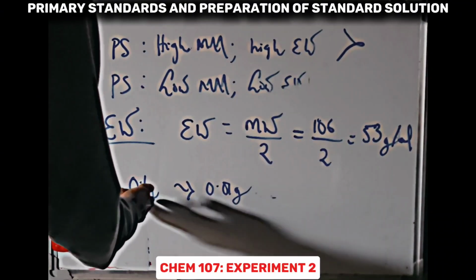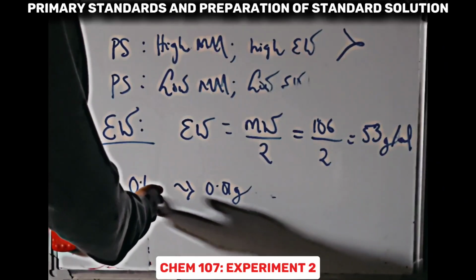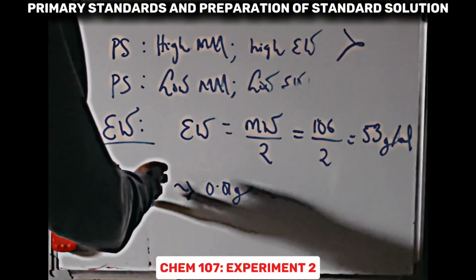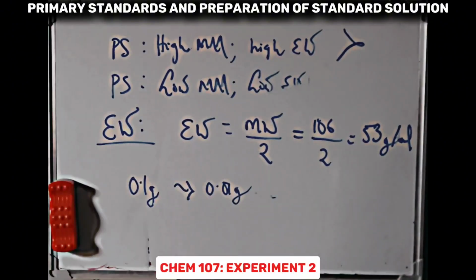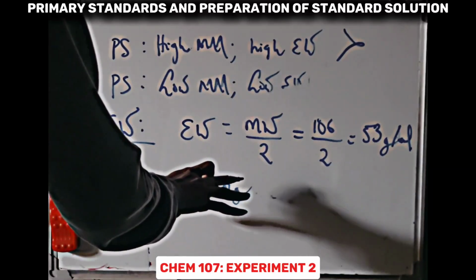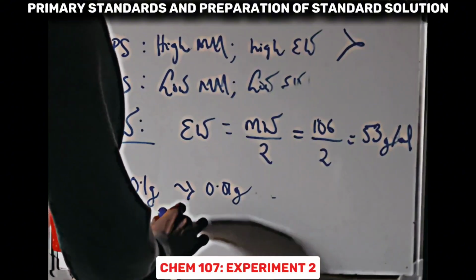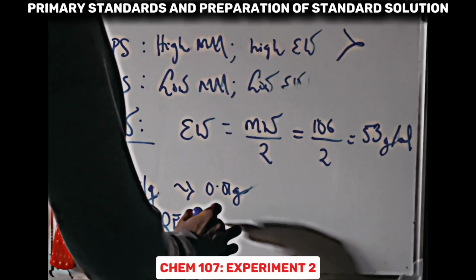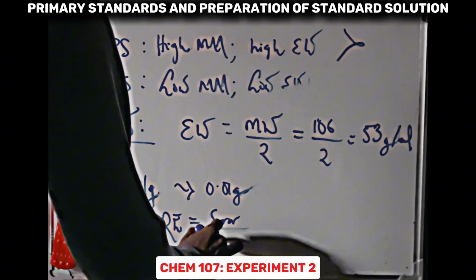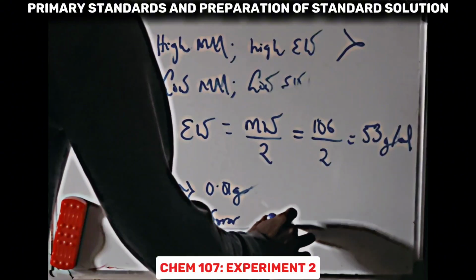So if you're weighing this amount of a primary standard, with 0.1 gram being the amount weighed, an error of this size could be encountered. If we want to calculate the relative error, it is equal to error over actual value times 100%.